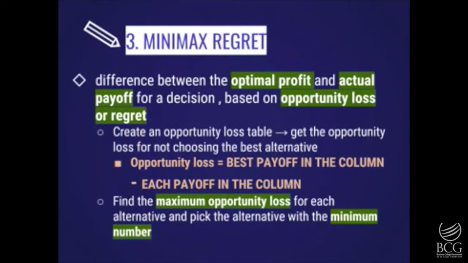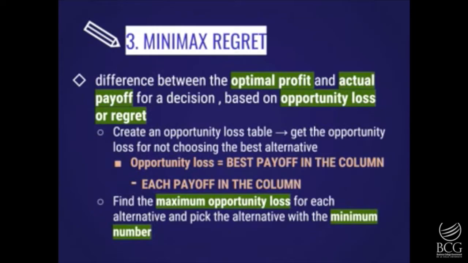We do this using the equation opportunity loss is equal to best payoff in the column minus each payoff in the column. After which, we find the maximum opportunity loss for each alternative and pick the alternative with the minimum number. Here's an example.